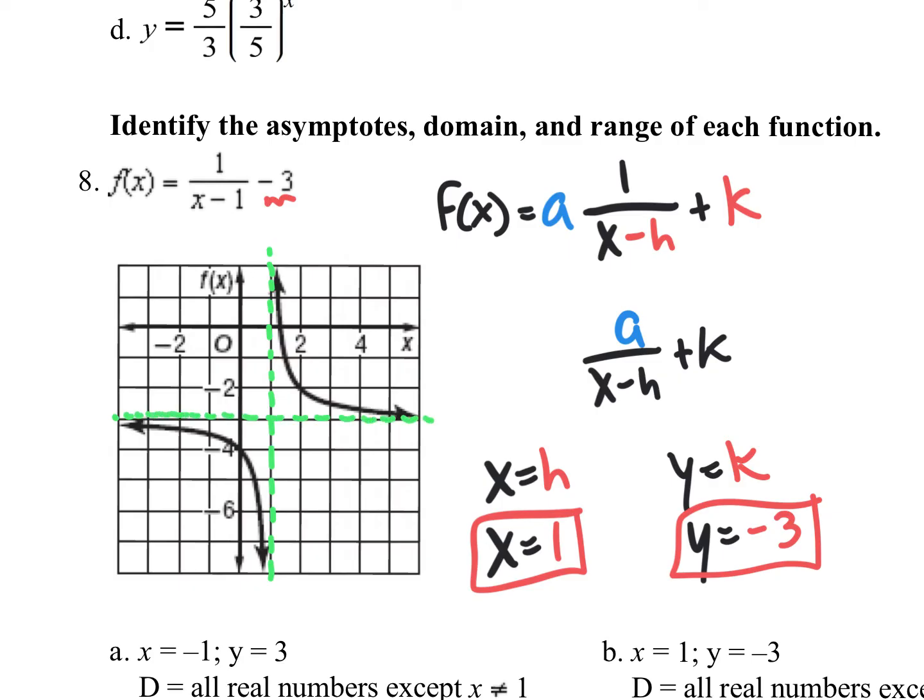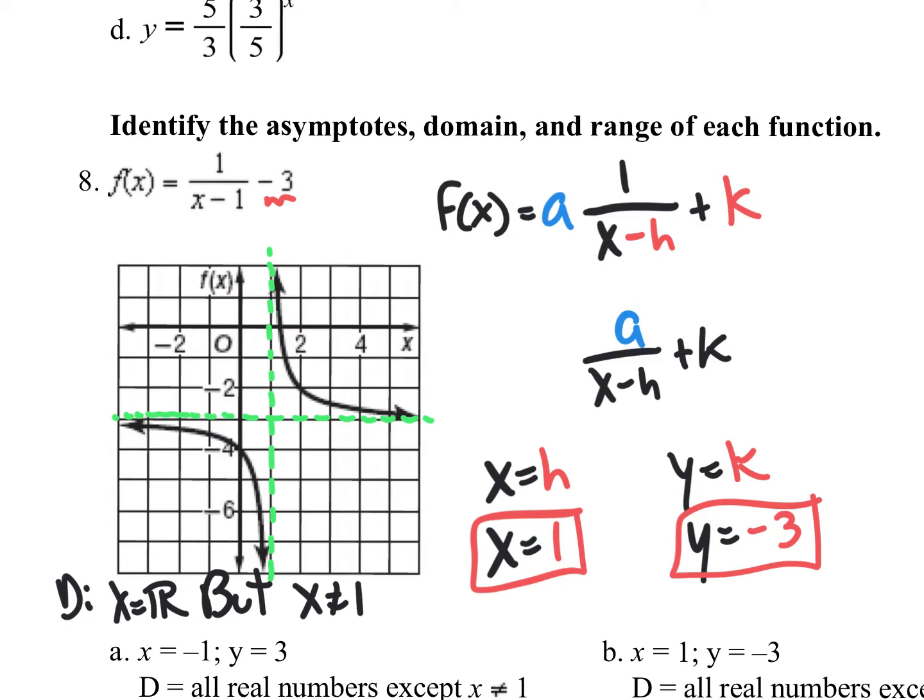The domain is x equals all real numbers, but it cannot be the asymptote x equals 1. So it cannot be 1.